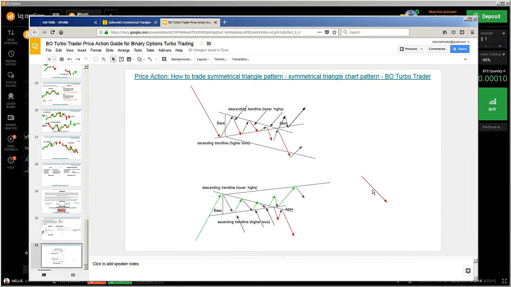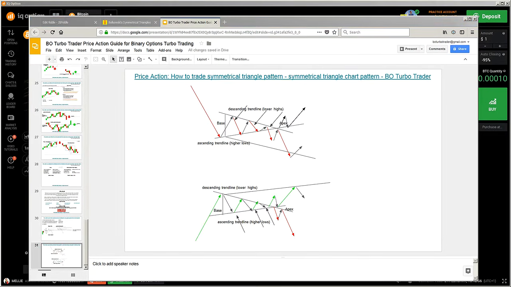I will make these slides also available to you as soon as I have explained the most important ones, because you see I'm trading every kind of pattern, everything which I know will come together in binary option turbo trading, and I apply all those concepts in binary option turbo trading. For this reason I will try to explain all those candlestick patterns and chart patterns which are important for Forex.